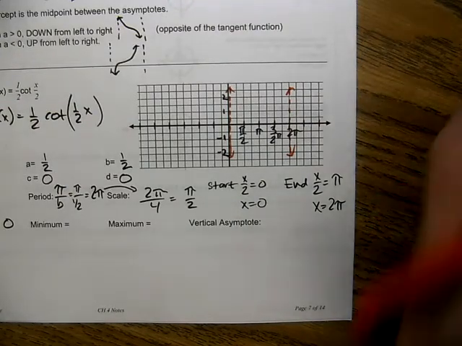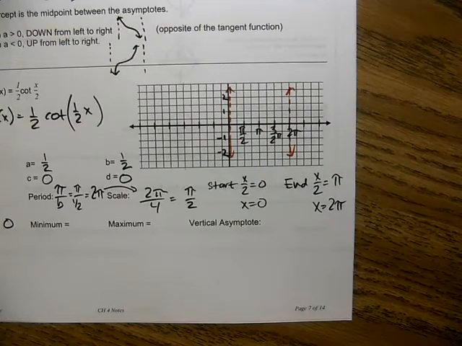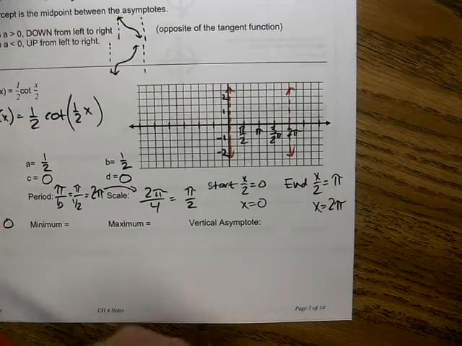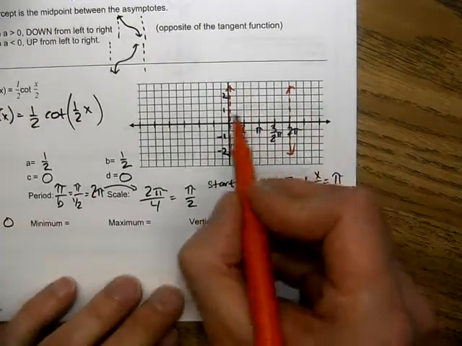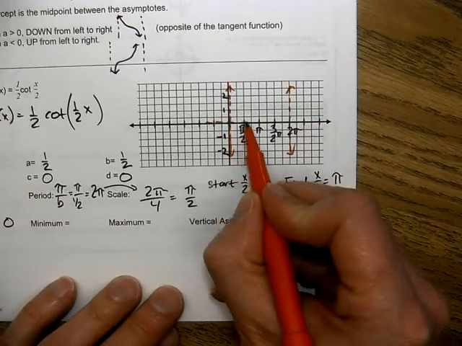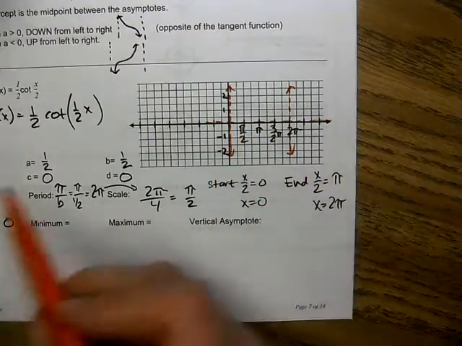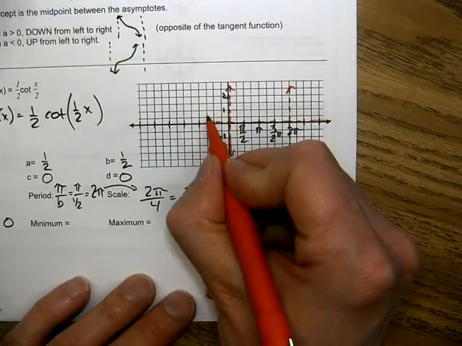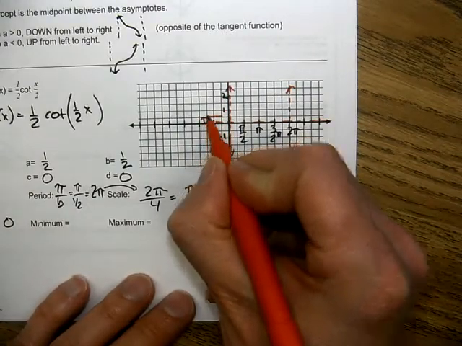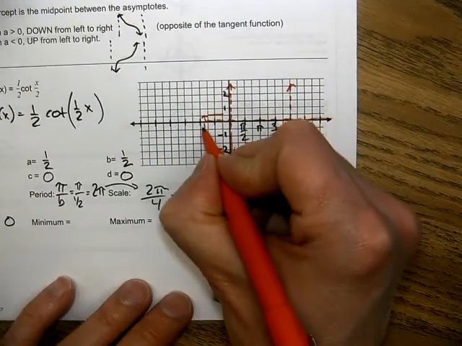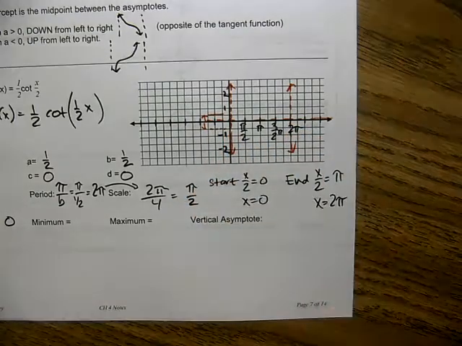So what we have now is an amplitude of 1/2. All right, so here's my midline. This is my axis. So that amplitude of 1/2 is a very small space upwards and downwards. So there's my 1/2. That's where we'll find those other critical values.